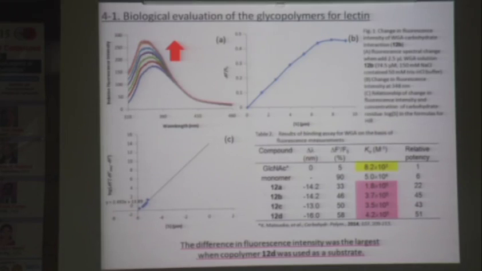Interestingly, the difference in fluorescence intensity was the largest when polymer 12D was used as a substrate. This phenomenon indicates a significant change around the tryptophan residue located at or near the binding site of WGA.